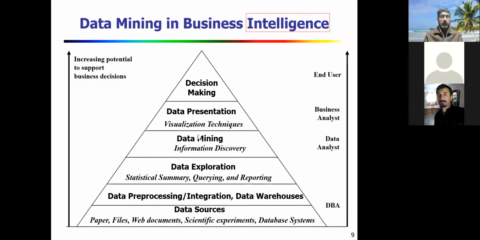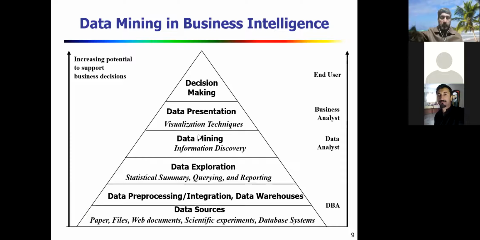So I've already talked about business intelligence. This figure shows the business intelligence pyramid, which is also applicable to data mining. Basically, in the information pyramid, at the lower level you have large volumes but raw data.